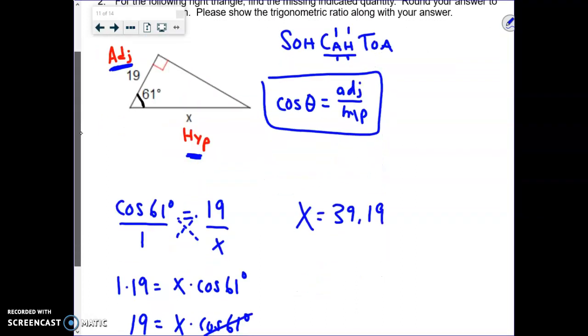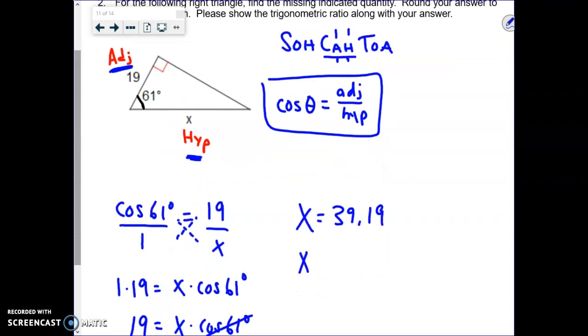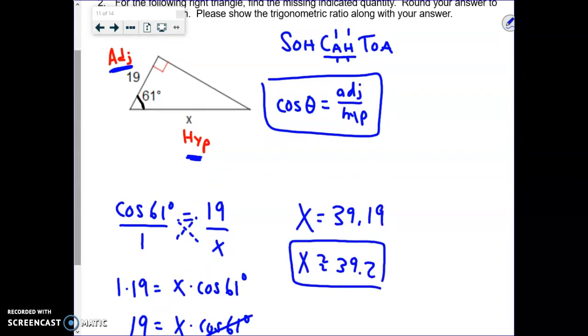So if we do that, x is approximately equal to 39.2. Now again, just a quick little check. You're finding the hypotenuse. So the hypotenuse should be longer than either the adjacent or the opposite side. Well, if our hypotenuse is 39.2, notice it is larger than the adjacent side of 19. So in essence, we probably didn't make a calculation error.